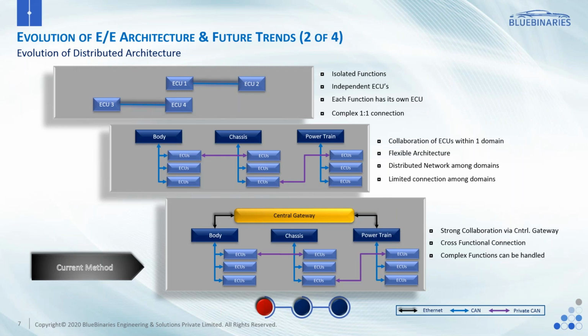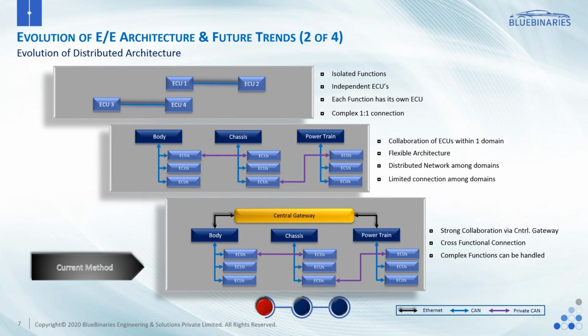So you have a network for body, a network for chassis, a network for powertrain, where all the ECUs in that network talk among themselves, and then if required they exchange information with the other domains. But that was limited earlier. The amount of information exchanged between the domains was very limited.